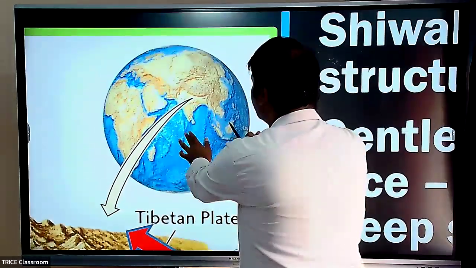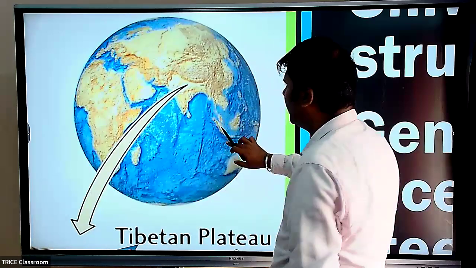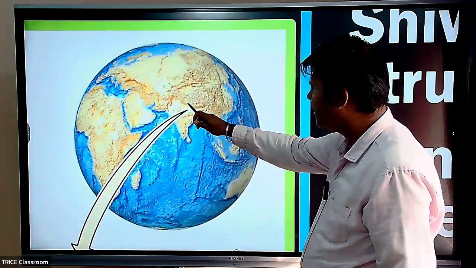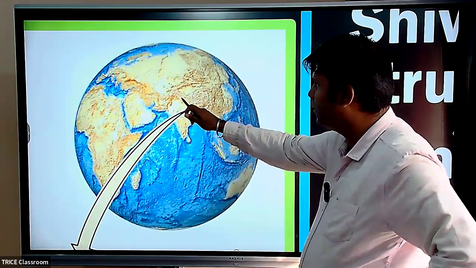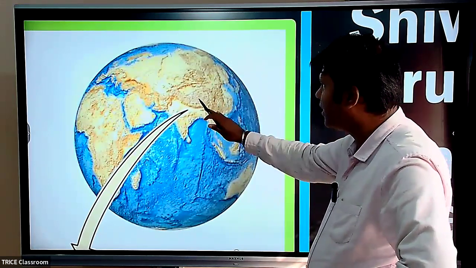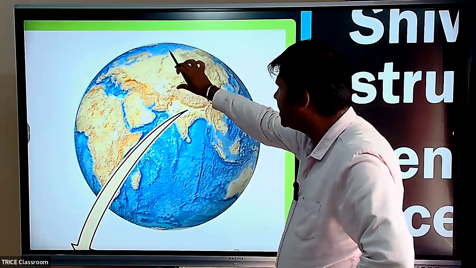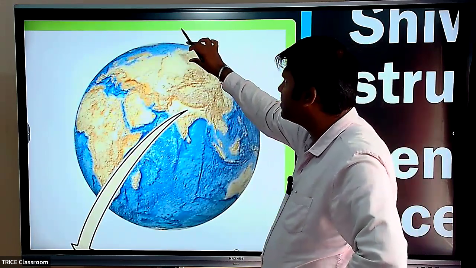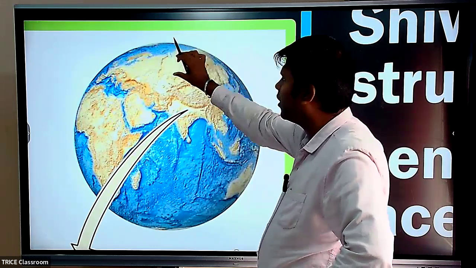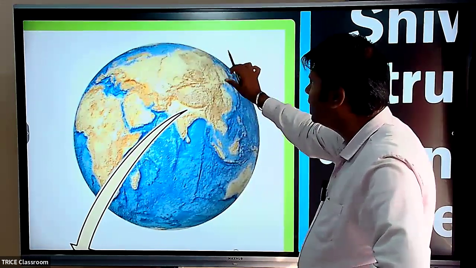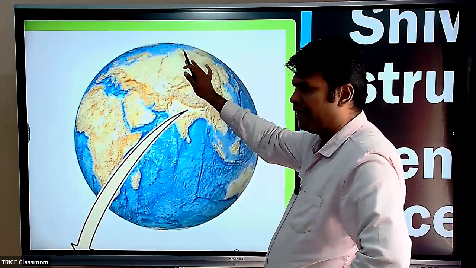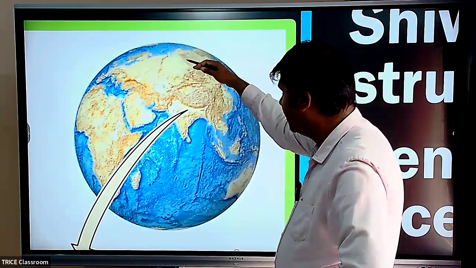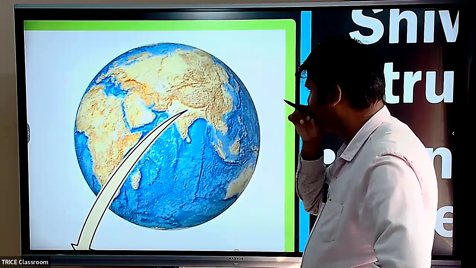I believe this is now better visible. Here you can see the Himalayan range, one of the important mountain ranges, a very tall mountain range. This part is the temperate region. This part is close to the North Pole. You have the temperate region, and you have the cold air mass moving from the polar region to the temperate region.